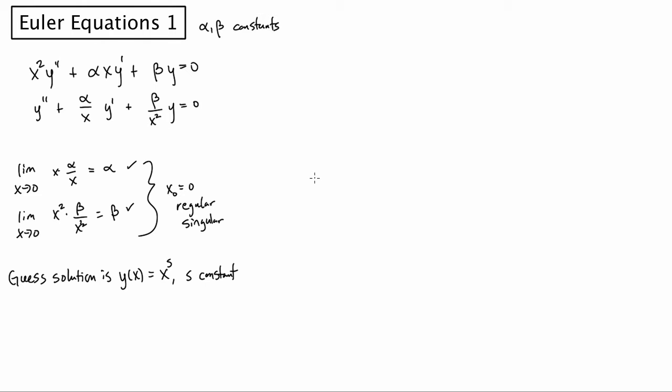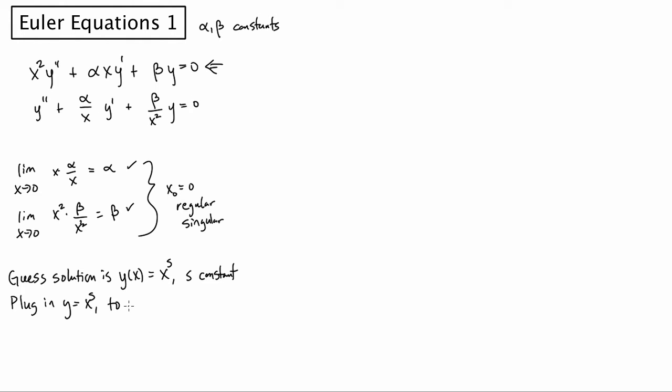Now, the easiest way to go about talking about this is if I plug this solution in. So I'm going to plug in y equals x to the s into the equation, and I'm going to keep things in terms of the equation that we started with, not the simplified one.